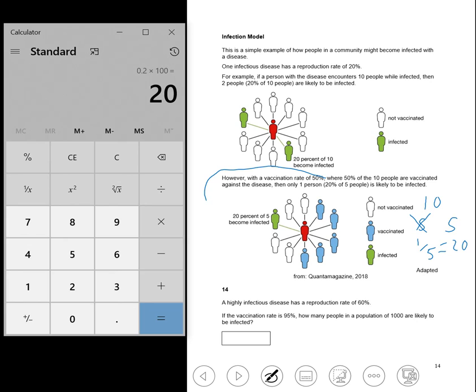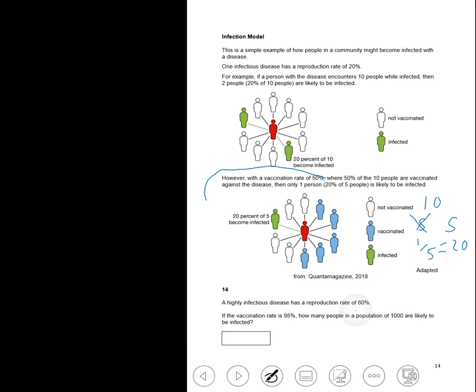So for the actual proper question, it's saying a highly infectious disease has a reproduction rate of 60%. Okay, so we need to remember that 60%. If the vaccination rate is 95%, how many people in a population of 1,000 are likely to be infected?